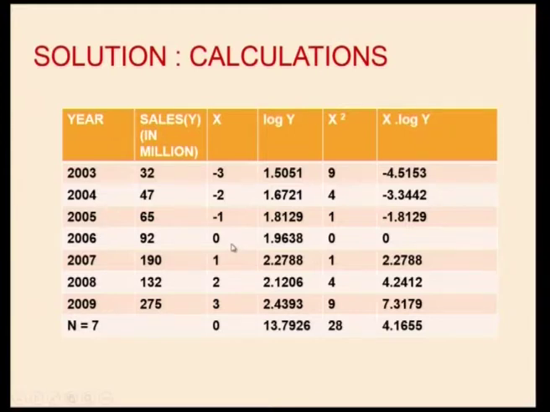You get a 0 in the middle, and above and below you get positive and negative values. If you take the summation, sigma X will be 0. Then you take the log of each of these values. The log of 32 is 1.5051. Log of 47 is 1.6721, etc. Log of 275 you get 2.4393.